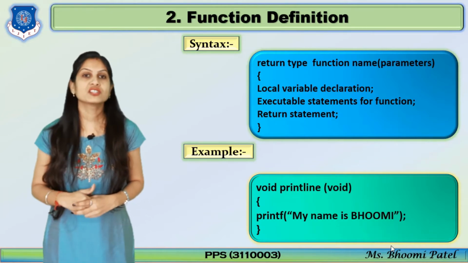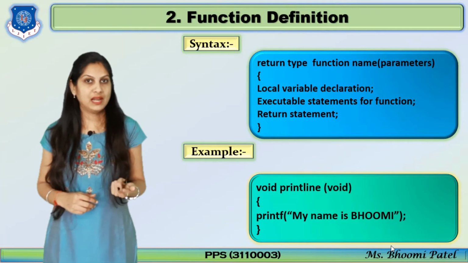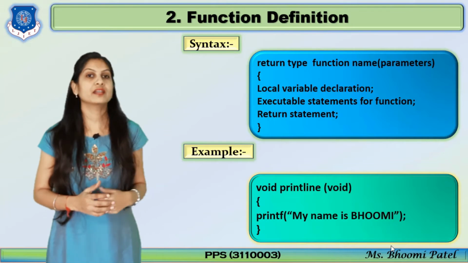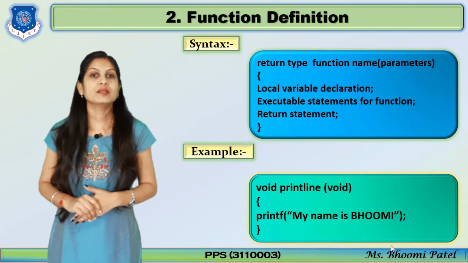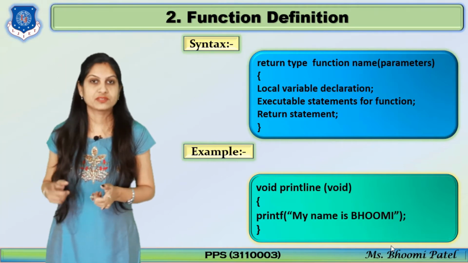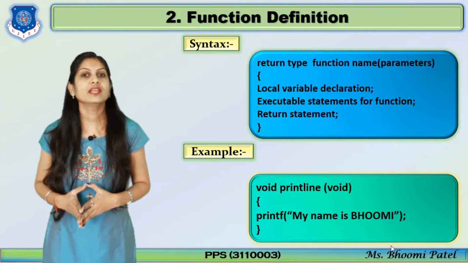Suppose my function is regarding addition, then you can write the name add or something like that. Suppose my function is regarding factorial, then we can write the name fact or factorial. That depends on the user. And then third is the parameters. Here the parameters are nothing, that's why we are writing void.